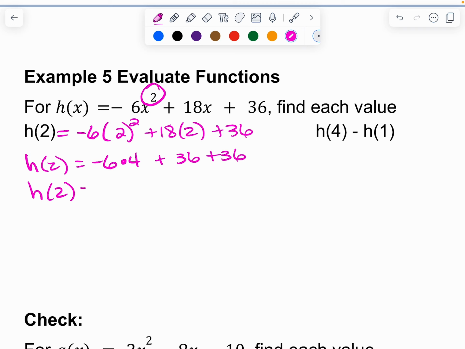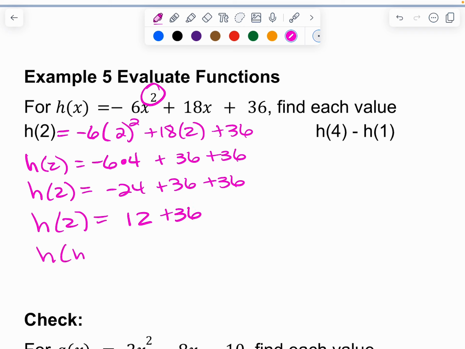H of 2 equals negative 24 plus 36 plus 36. So that's going to get me, what, 12 plus 36? Oh, I put H in there, silly child. So 48.